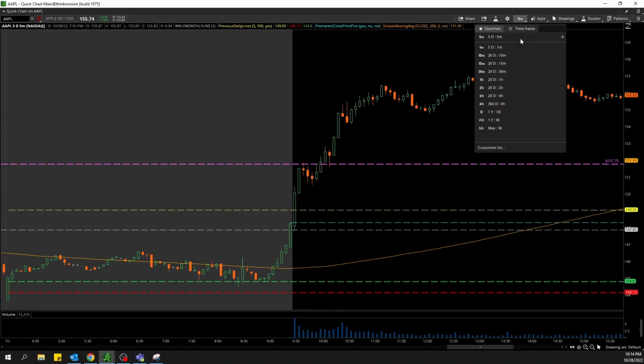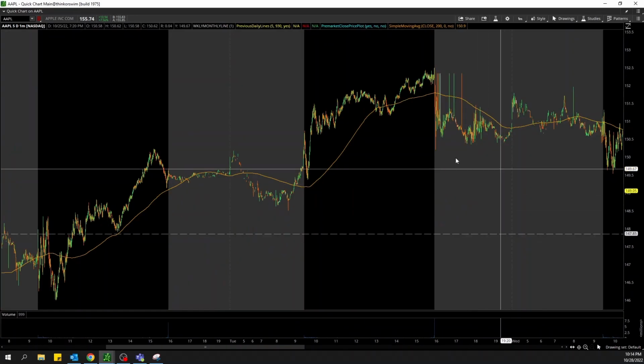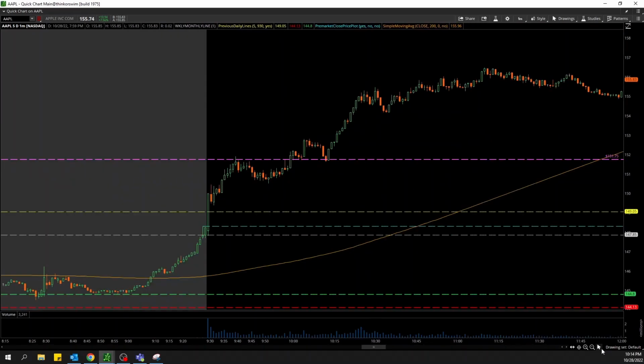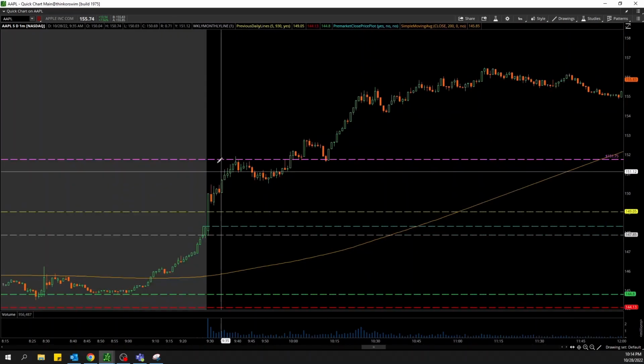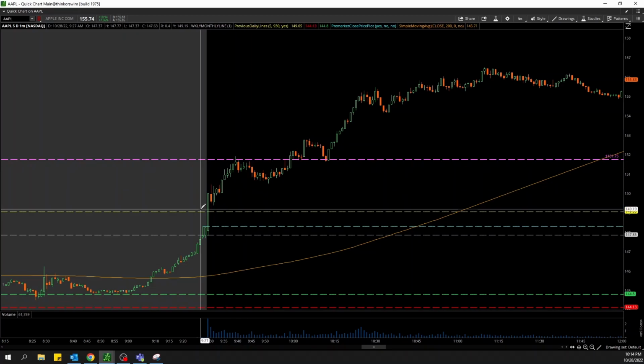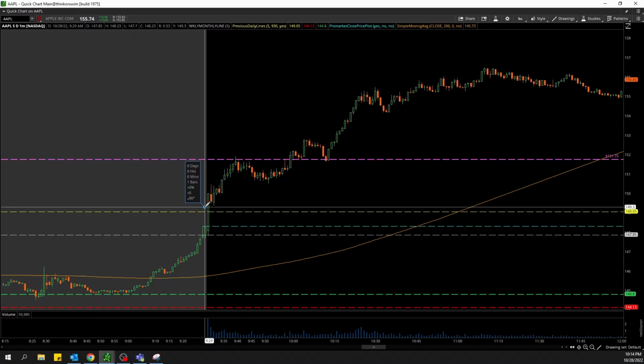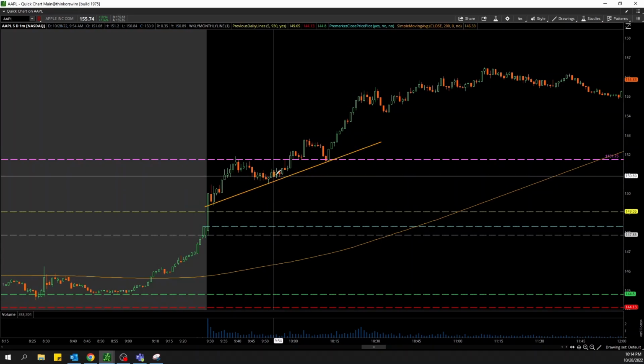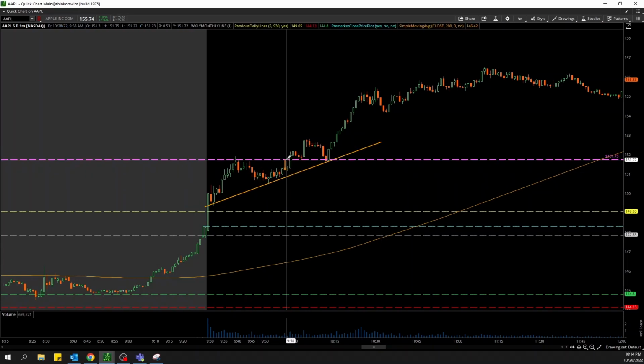150.50. So ideally, if we break this down to a 1-minute, this is where the entry got interesting for you if you were playing this, because right there is where your entry would have stepped in. So you had your pullback off of a key area, and then boom, pull back, and then you had this retest, pull back.